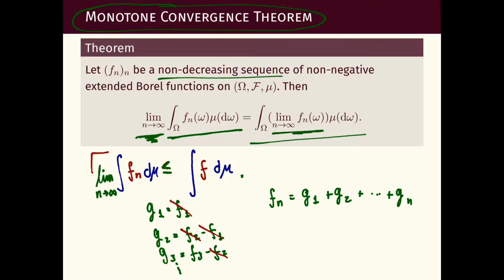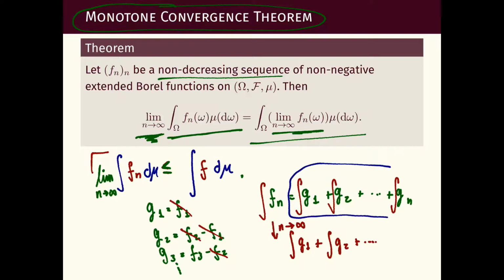When we do this, it becomes very convenient, because now when we integrate fn, we get this, and if we let n tend to infinity, this will tend to the integral of g1 plus this series. Here, if we let n tend to infinity, this is a partial sum of a series, and it will converge then to the sum of the entire series.